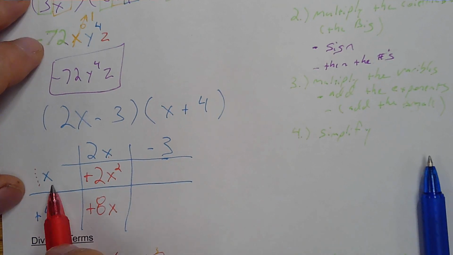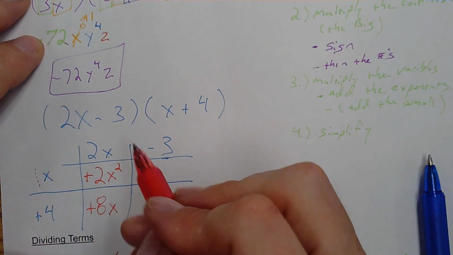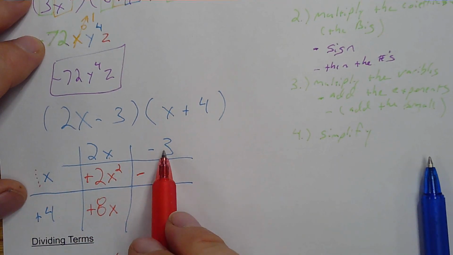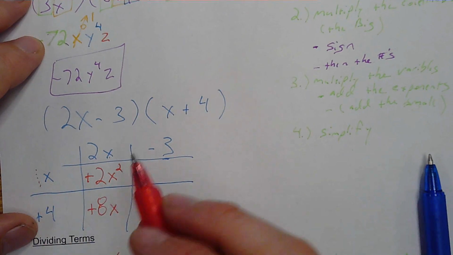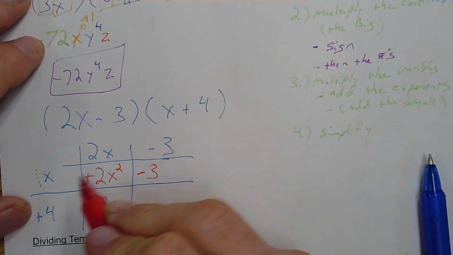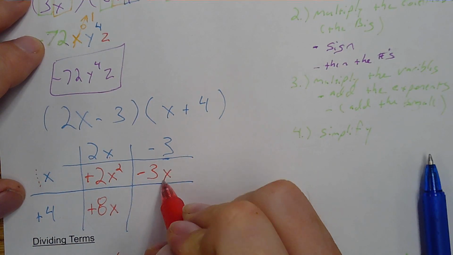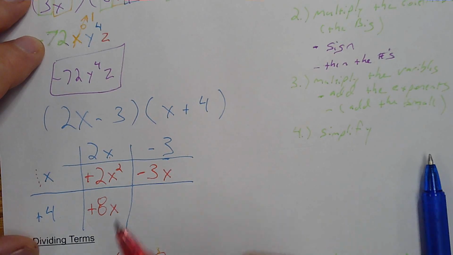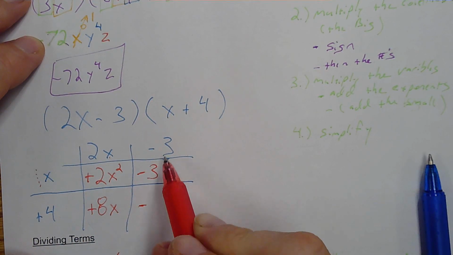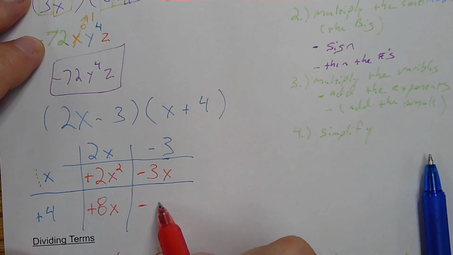Now negative times a positive is a negative. 3 times 1 is 3. X times no variable is x. Then we have a negative times a positive is a negative. 3 times 4 is 12.